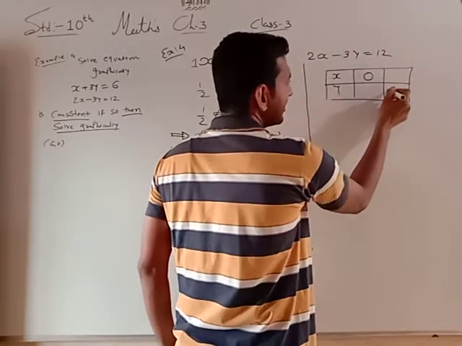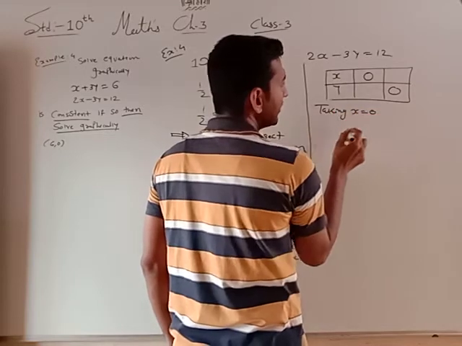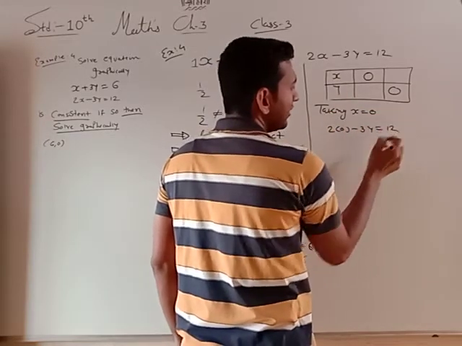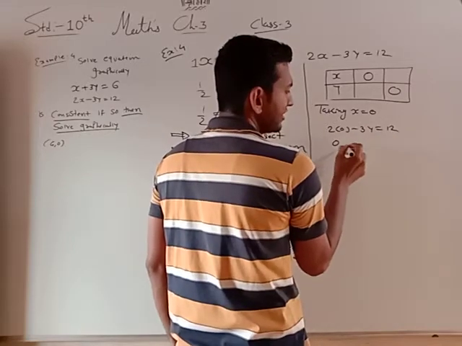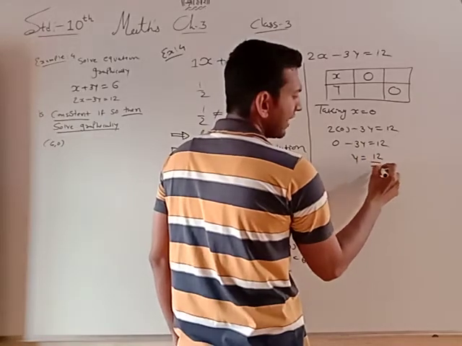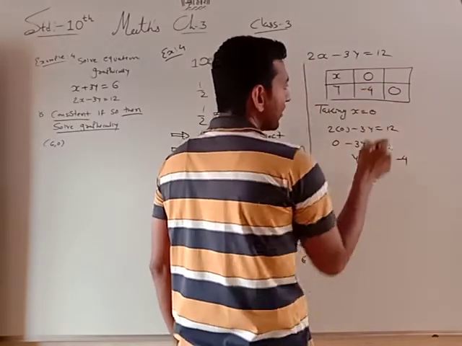Taking x is equal to 0, you get 2 into 0 minus 3y is equal to 12. 2 into 0 is 0, minus 3y is equal to 12. So y is equal to 12 by minus 3, the answer is minus 4.